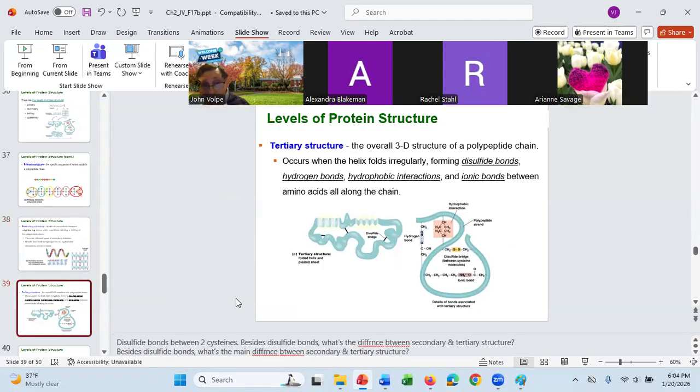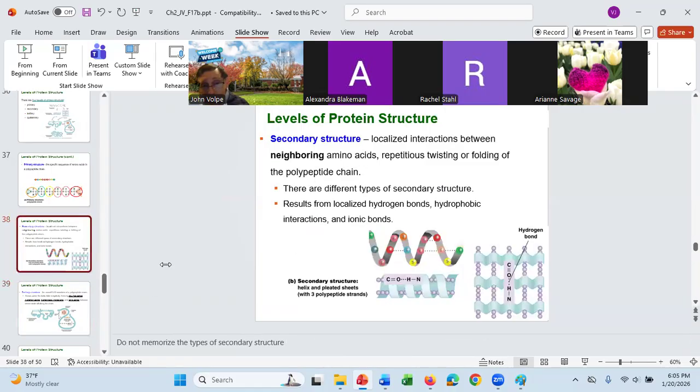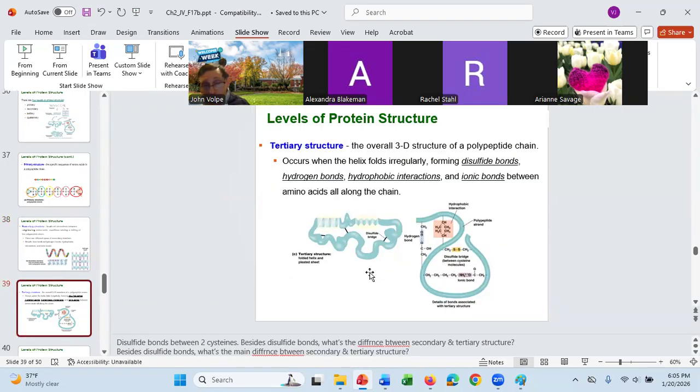The difference is that in the secondary structure, this only happens between neighboring amino acids. In the tertiary structure, any two amino acids can be repulsed or attracted to any other amino acid, meaning that this happens all over the protein. In this one example, we have a force of attraction between the last amino acid of the protein and one of the early amino acids of the protein.